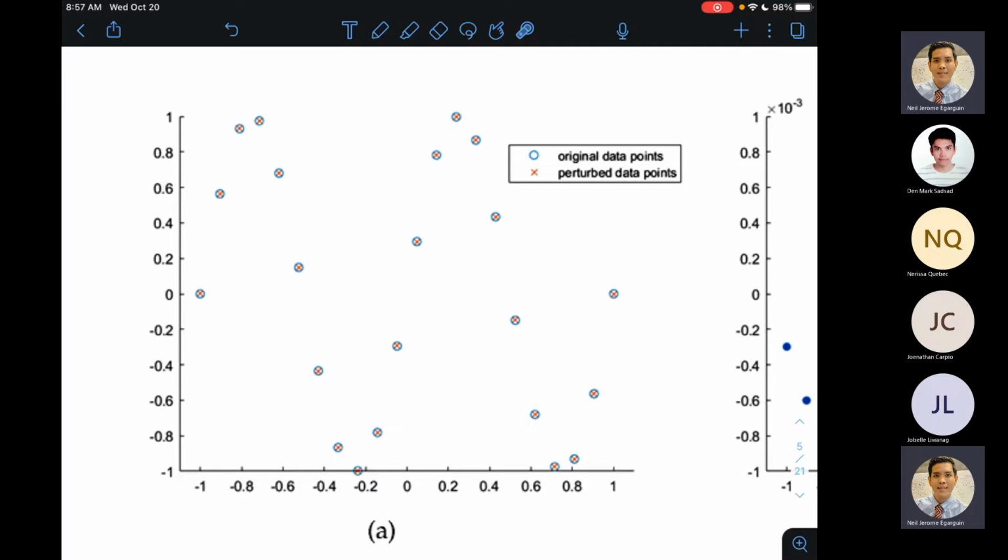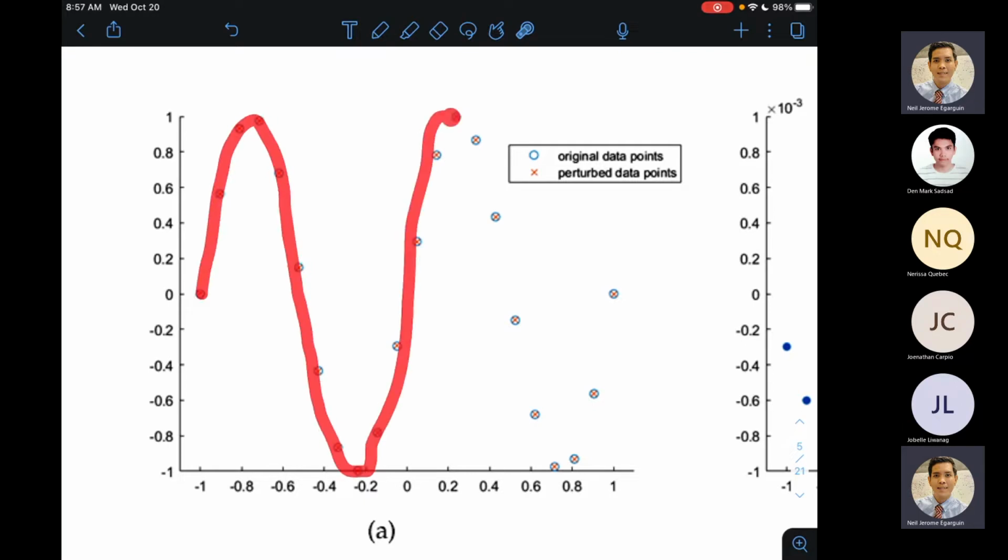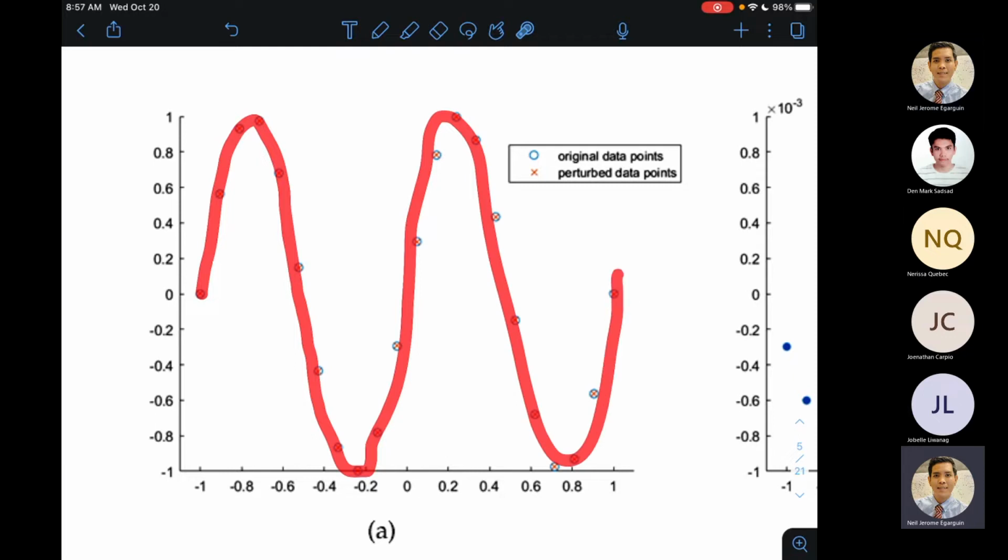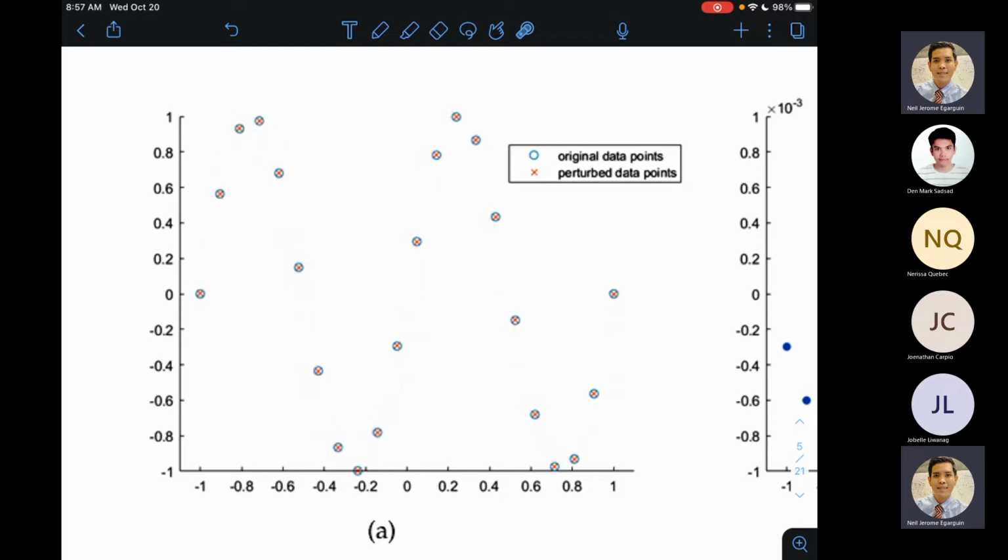Which makes sense kasi halos magkalapit lang naman yung perturbed saka original data points. So, ibig sabihin, pag gumawa ako ng interpolating polynomial, dapat halos ganito lang din yung itsura. Dapat hindi sila maglalayo from each other, right? Kasi nga yung interpolation, dadaan ka dun sa eksaktong data points, right?